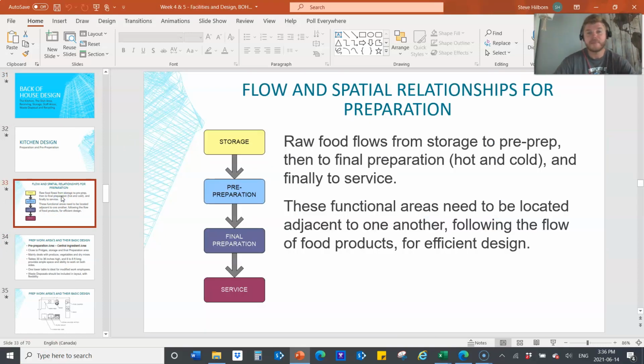So we talked a lot about how the people move and the food moves and all of the different customer flow. We also can call this the flow and spatial relationships for preparation. So we're going to look at the prep area first, and the prep area is where all the food goes after we received it, after it's gone into some sort of storage, whether it's cold storage, freezer or fridge, or it's dry storage.